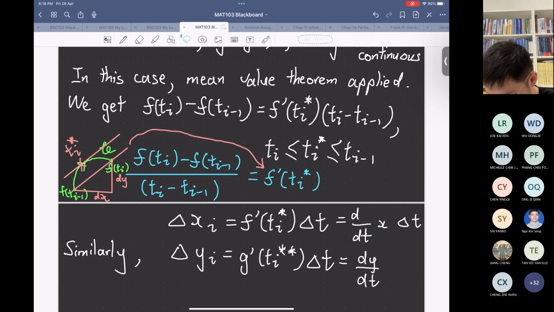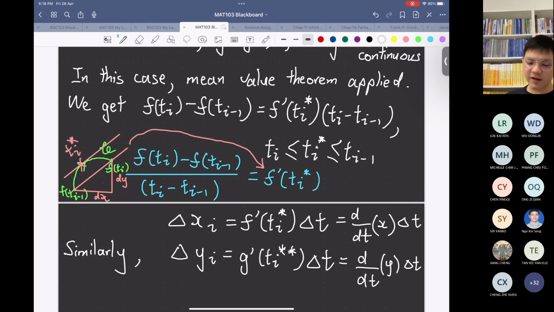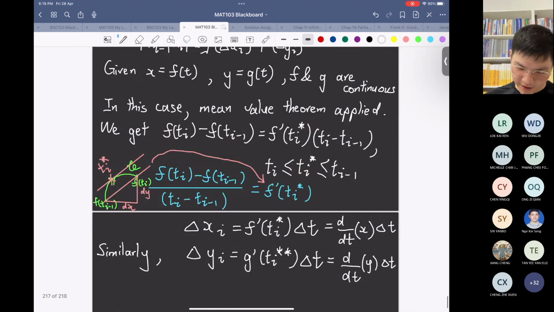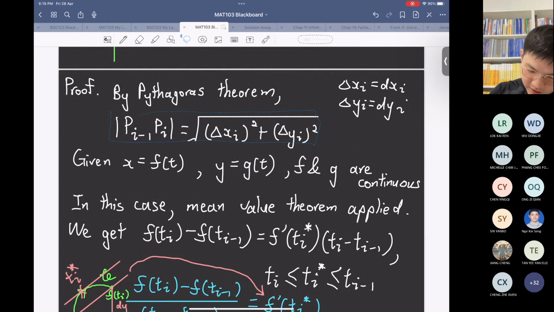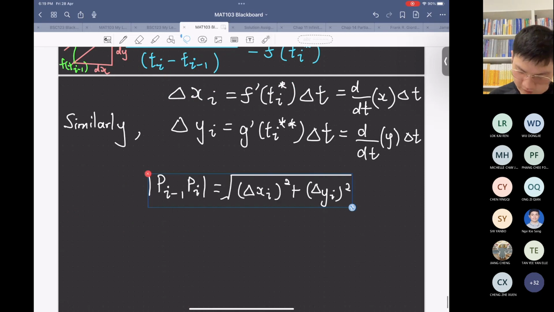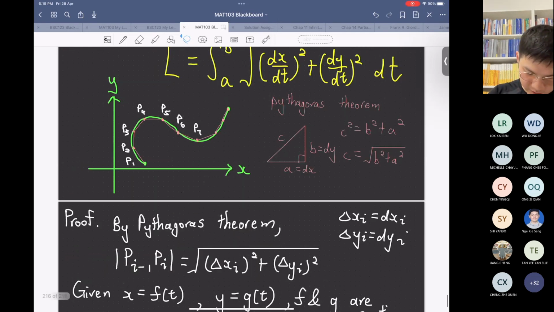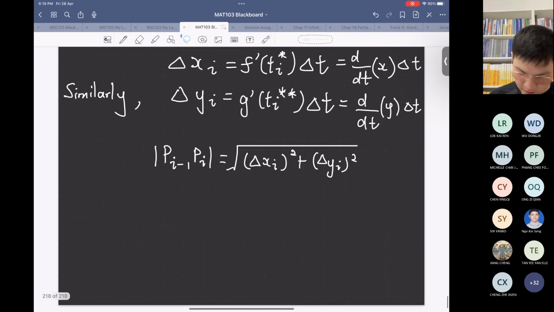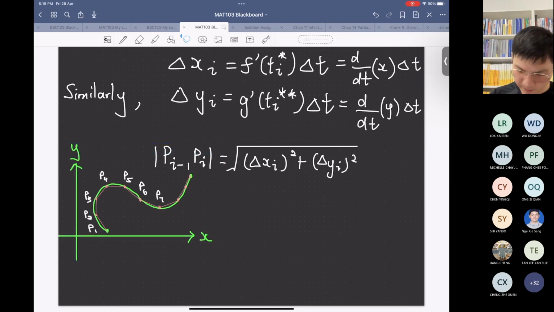This is the operator differentiating x with respect to t and y with respect to t, whereas just now dx and dy were just the changes in the x and y directions. So we have this, and we also have the Pythagoras theorem together. Let's move this down, copy, paste here, and bring this picture down as well. So let's bring this number in. What do we get?